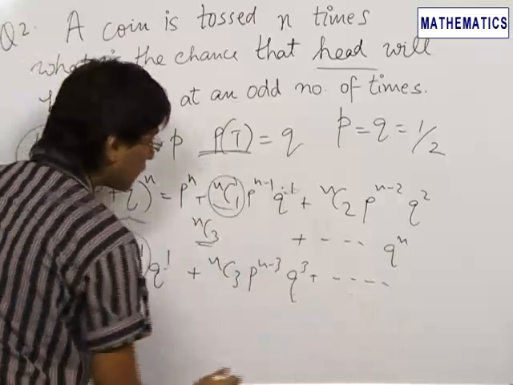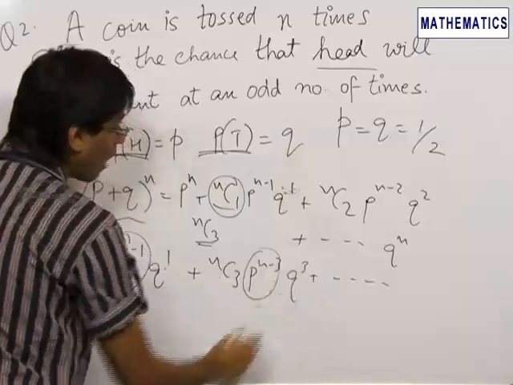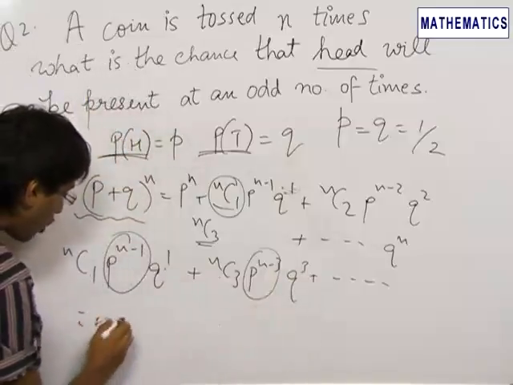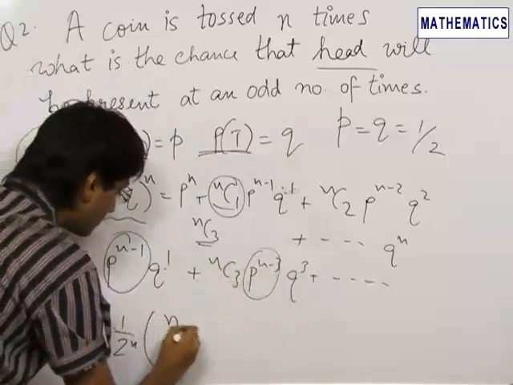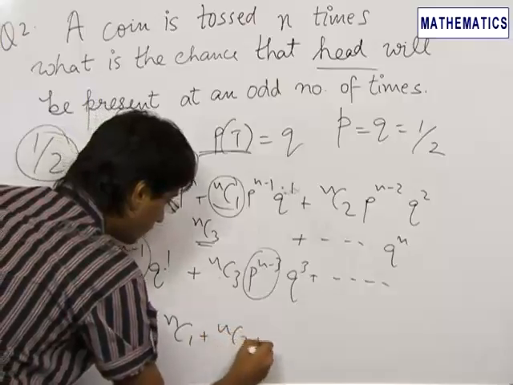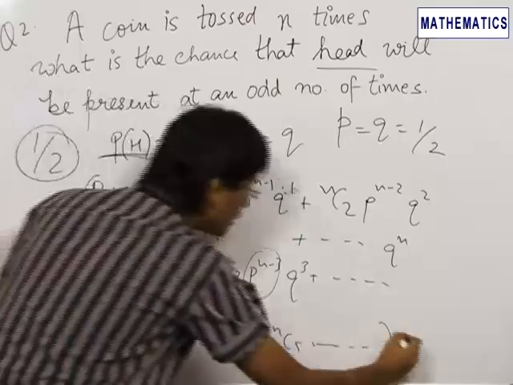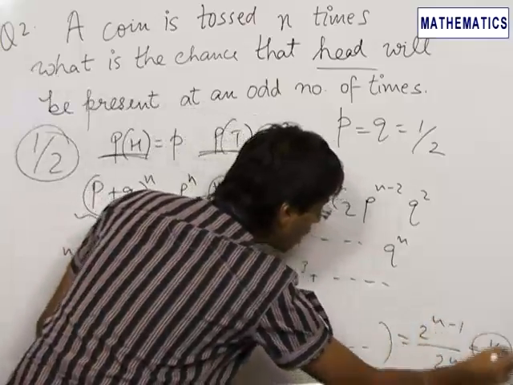Similarly, the next term NC5 P power n minus 5 Q power 5 will be half power n minus 5 into half power 5, that is half power n. So half power n can be taken out common, and this comes out to be NC1 plus NC3 plus NC5 and so on, and this we know is equal to 2 power n minus 1 divided by 2 power n, which is half again.